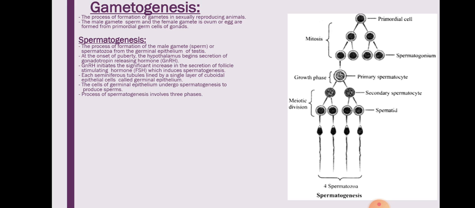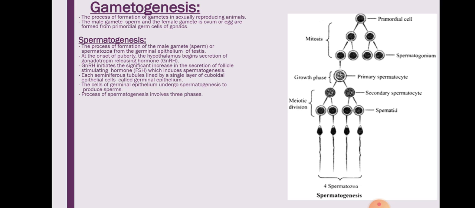Now at the onset of puberty, the hypothalamus, you can always see that the hypothalamus is the first one in the endocrine orchestra. Hypothalamus stimulates the pituitary, and the pituitary ultimately stimulates the gonads. Hypothalamus begins secretion of gonadotropin releasing hormone, GnRH.